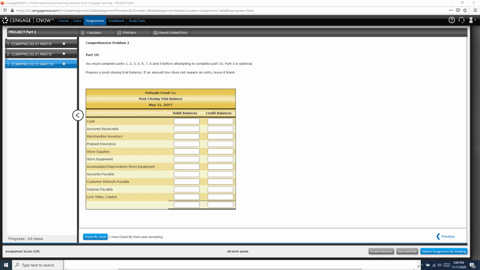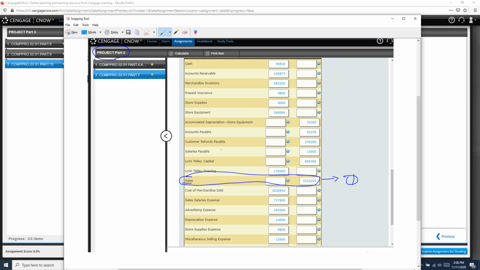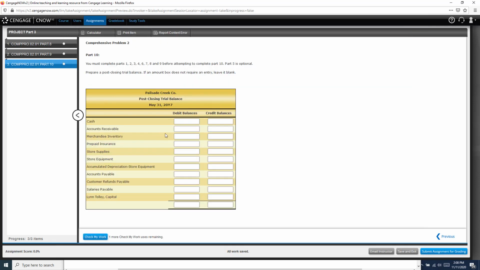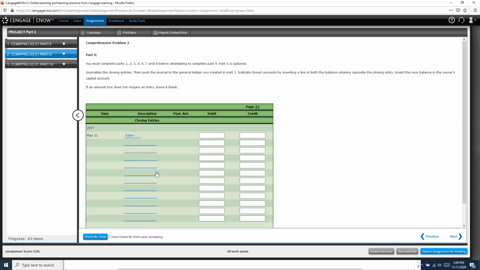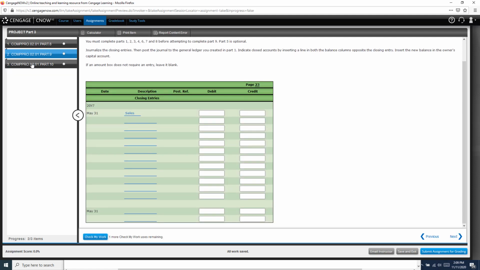And where was the balance that you had before? Comes from the adjusted trial balance in project part 2. Okay, so here's accounts receivable, here's merchandise inventory. Should be the same. Prepaid insurance, same balance that you carry over to the post-closing trial balance. Your capital, watch out, that will not be the same. Why? Because here you would have to post it to it, right?